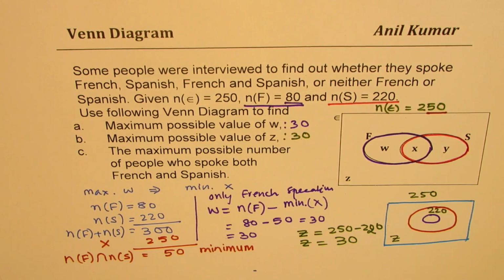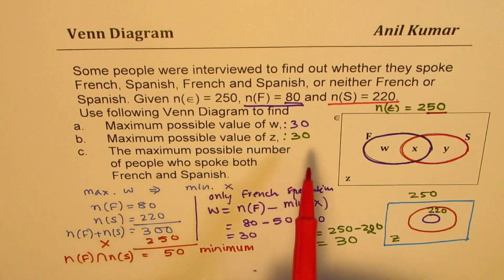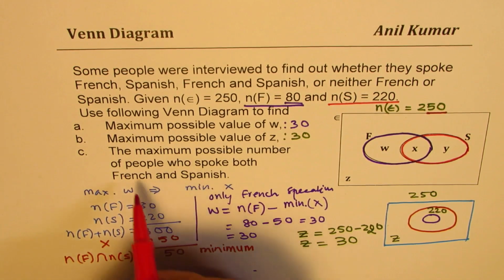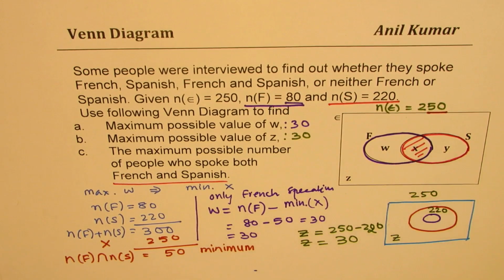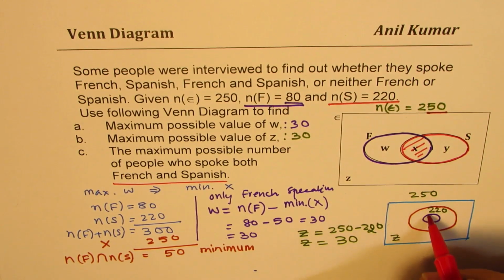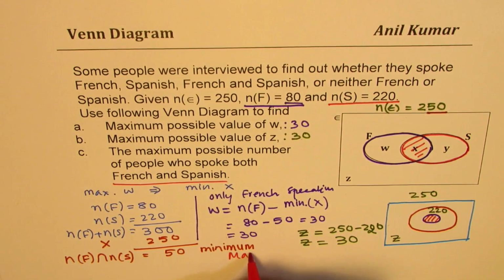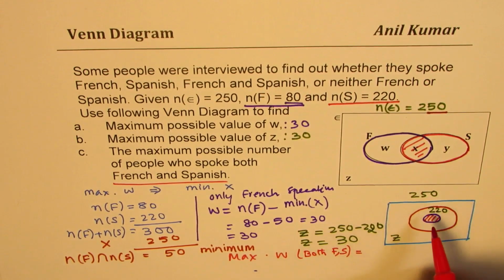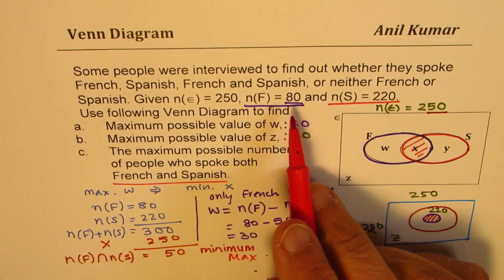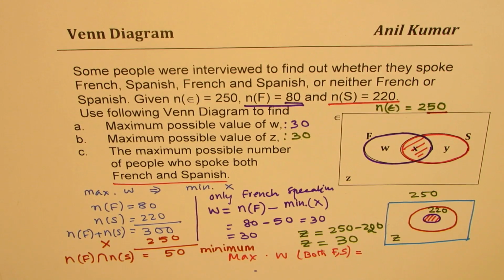Now the third question is to figure out the maximum possible number of people who spoke both French and Spanish. That means we want to find this maximum value. The maximum value of X, that means both French and Spanish, is when all speaking French are also speaking Spanish.